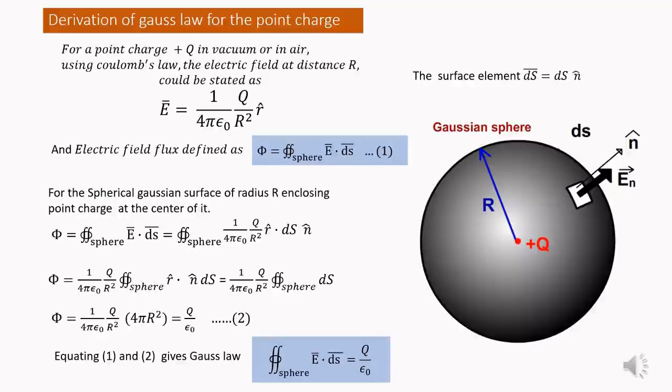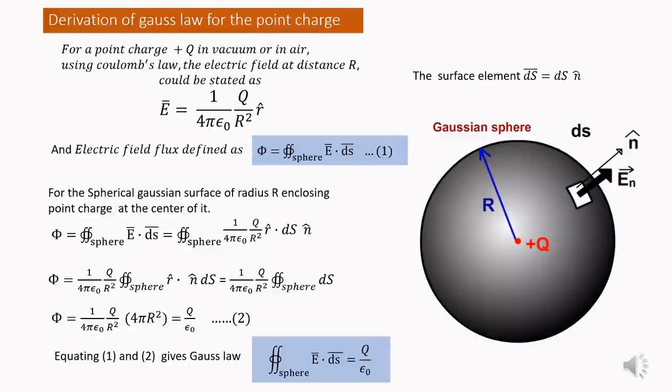Okay. So when we evaluate the dot product of R cap and n cap, it gives us the answer 1, because the angle between R cap and n cap is 0. So when we evaluate this surface integral over ds, we get 4 pi capital R square because this is the area of the sphere. And when we combine this together, we get the final answer: flux is equal to Q over epsilon naught.